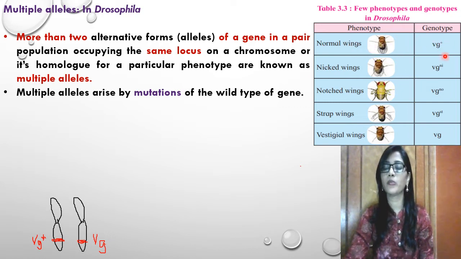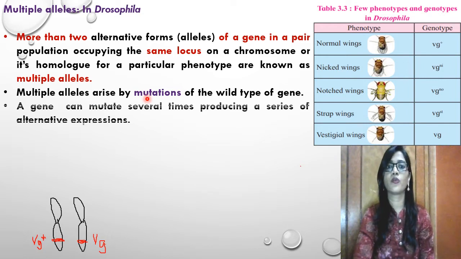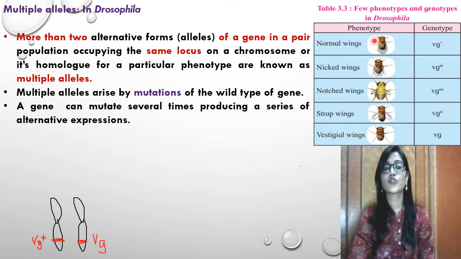Vg plus is the normal, wild genotype, but when a mutation occurs, we get a number of other expressions in the phenotype, because of the change in the DNA structure, because of the mutation occurring inside the wild type Drosophila.